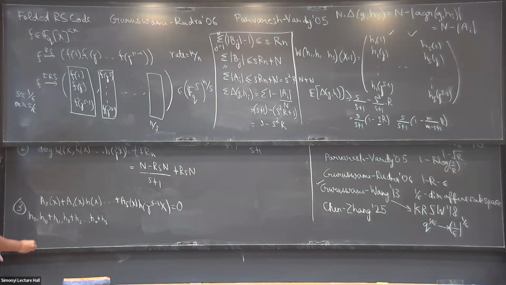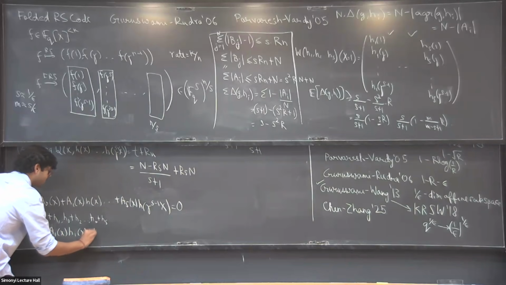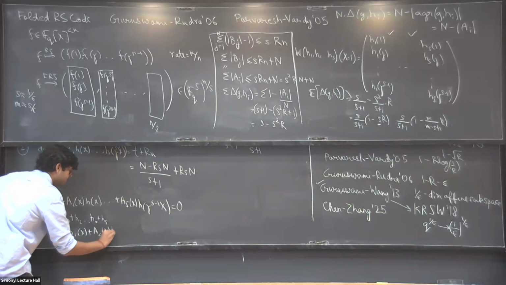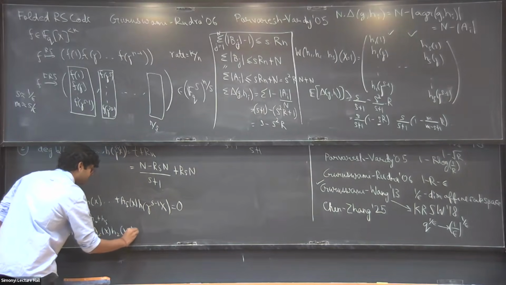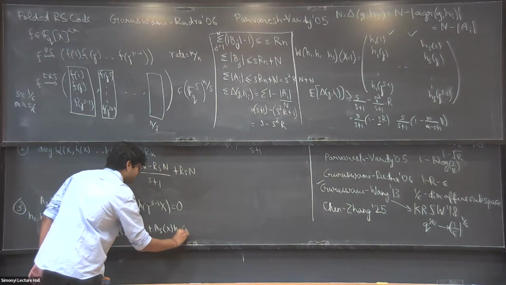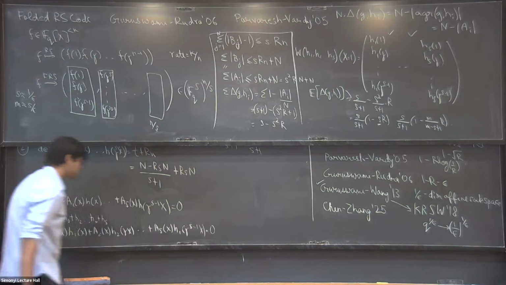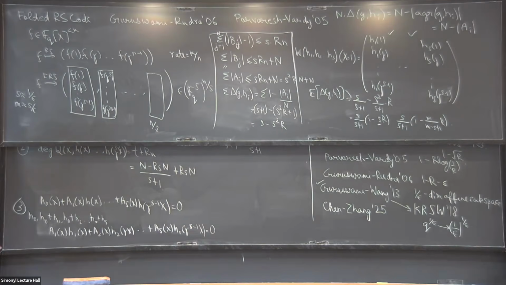You take any two solutions, let's say H0 and H0 plus H1. You'll get a new constraint that looks like this, and I claim that this already implies that H1 through HS are linearly dependent.